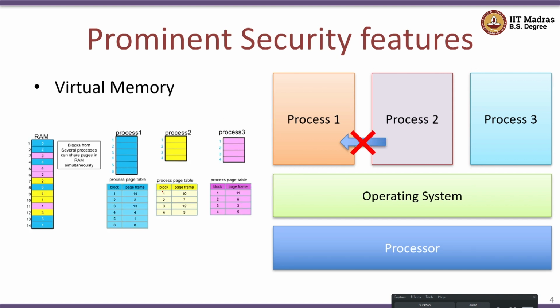Another feature which we have studied in operating systems is the aspect of virtual memory. Each process that gets created runs in its own sandbox called the virtual memory address space, and we have this with the help of the operating system as well as the memory management unit.